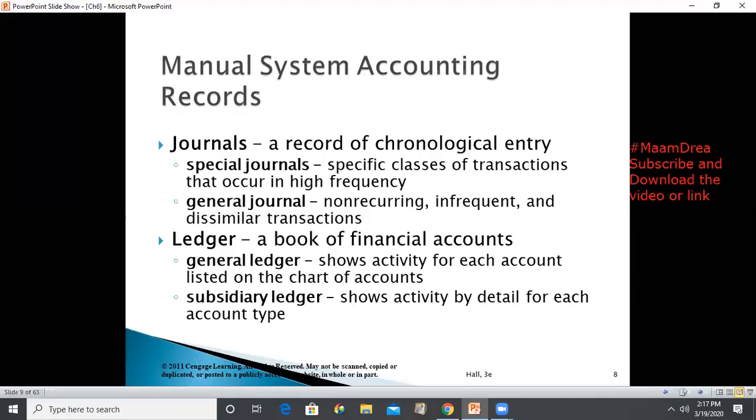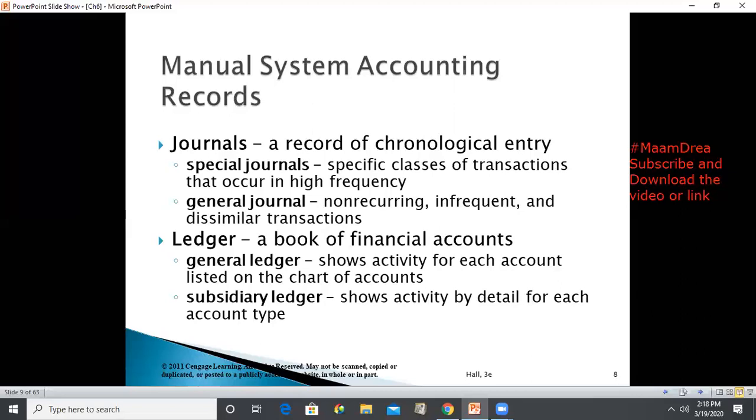Whereas the journal has debits and credits in chronological order, ledgers show the increase and decrease and the current balance of each account. Mostly this is the one that supports our financial statements, daily operations, and other internal reports.